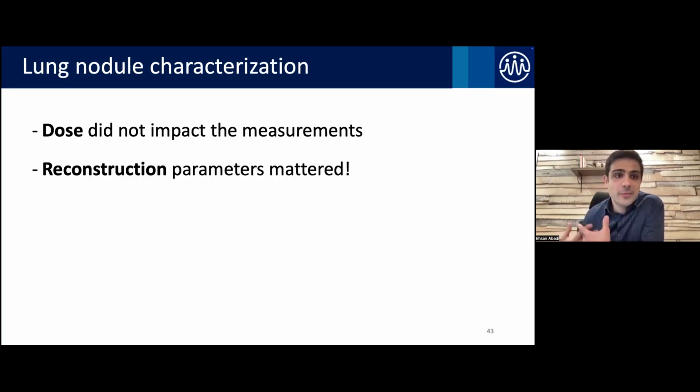In short, we have observed that radiation dose, for example, doesn't impact morphology measurements. Not surprising, we were expecting this. But we saw that reconstruction parameters matter. Using a sharp kernel is actually very helpful because you can see all the edges and so forth.